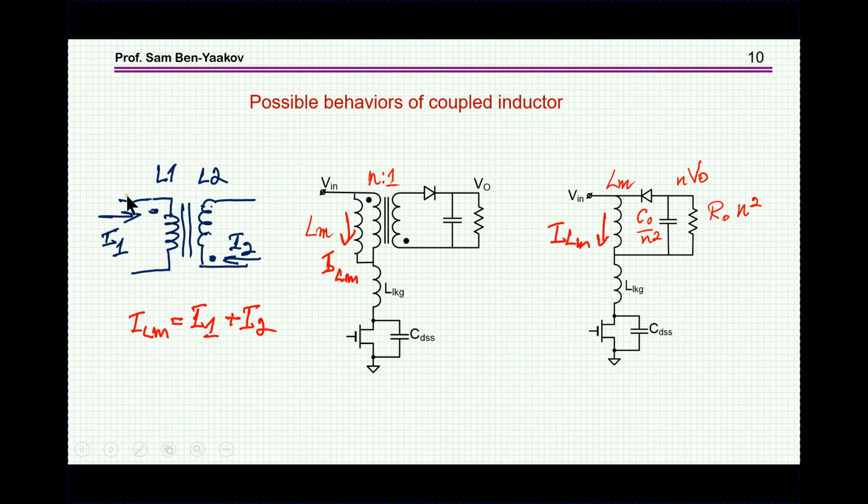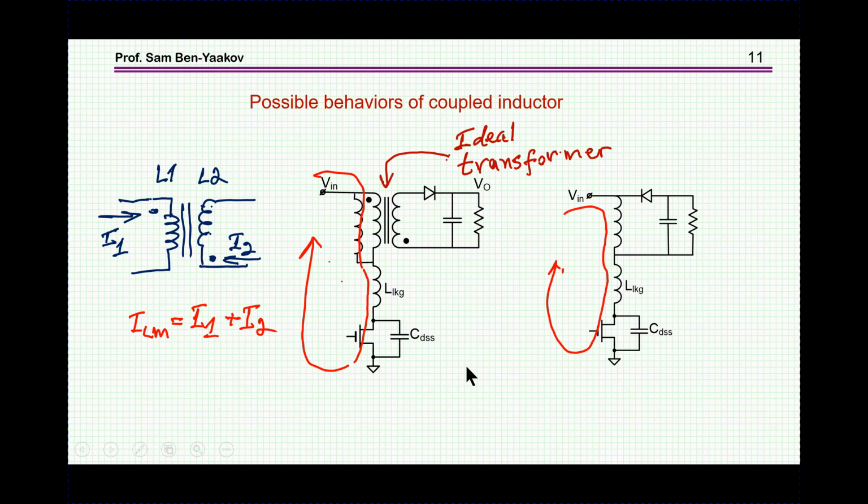All of these are possible because we are not talking about a transformer, in which energy coming in goes out by virtue of the cancellation of the magnetization effect of the currents, while here we are storing energy. So now let's have a look at a couple of cases to understand it a little bit.